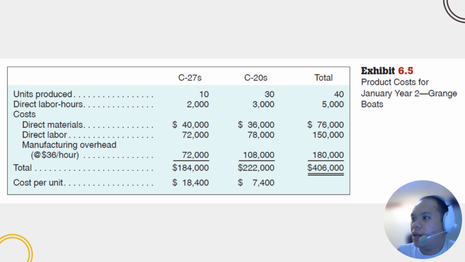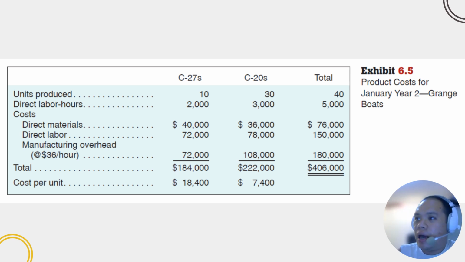So with the $36 predetermined overhead rate, we multiply that 36 to the direct labor hours of C27S, which is 2,000, to get the $72,000. And then C20S, which is 3,000 labor hours, to get the $108,000 manufacturing overhead.